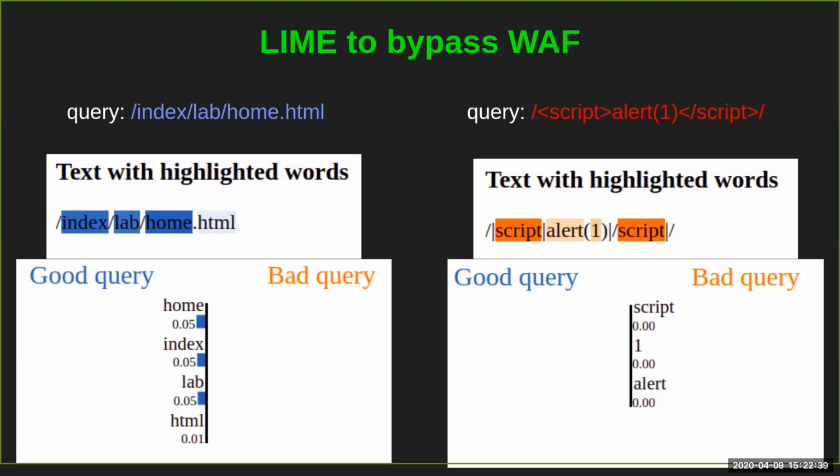The way you do it is you append or insert good patterns from a good query into a bad query, and then you drive the probability of the query being bad towards the query being good. So this is how you manually approach generating adversarial samples.